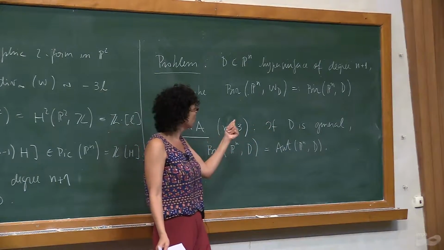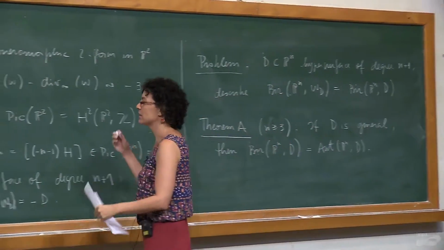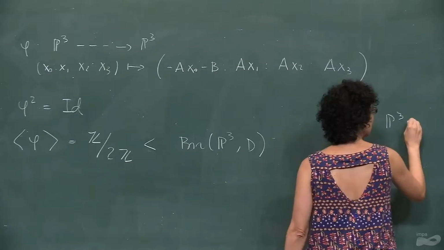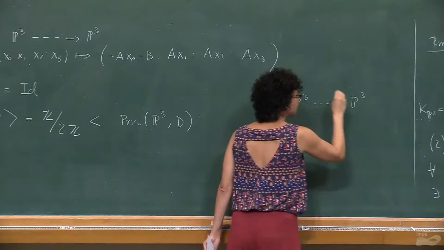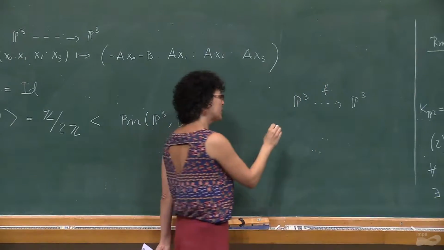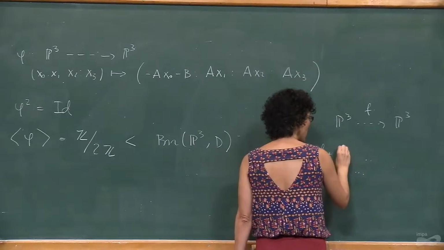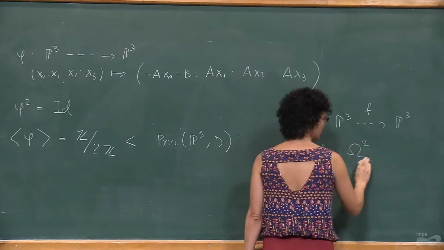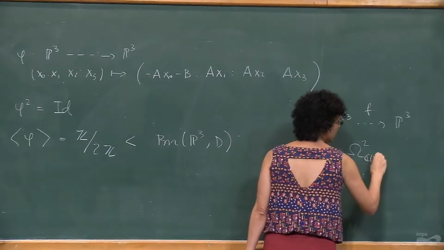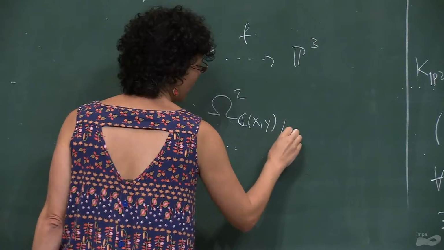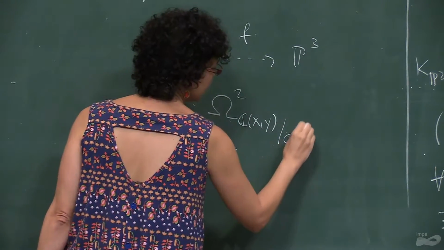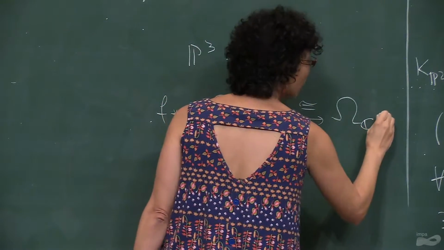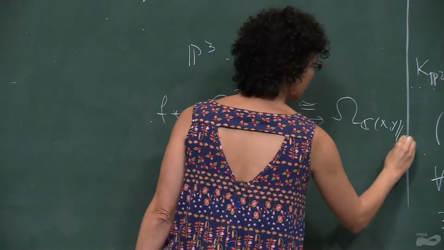Or you can also view this as saying that if you have a birational map F, say from P3 to P3, it will induce an isomorphism between the two forms of, say, the function field of P3 over C. So this is the space of meromorphic functions on P3.